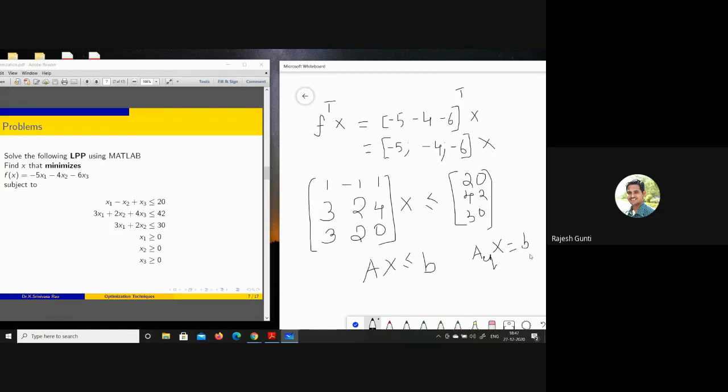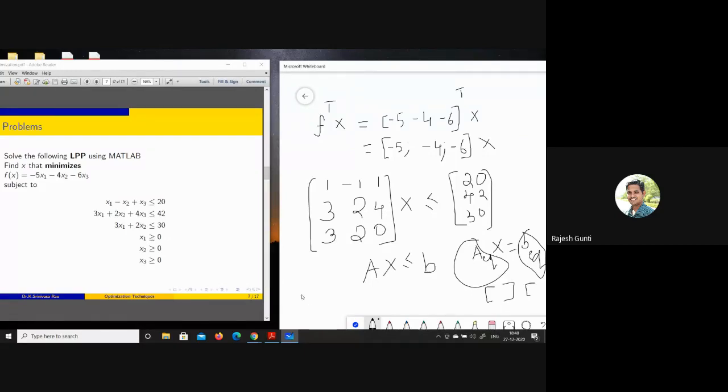Here A equality is null, B equality is null. There is no A matrix, there is no B matrix. These are empty. Why? Because all are less than or equal to constraints, inequality constraints. No equality constraints.